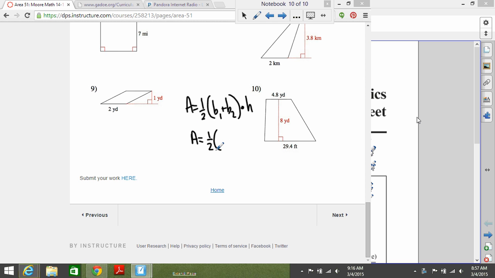Okay, what's base 1? Base 2 times the height, which is, okay, now we start with our parentheses.